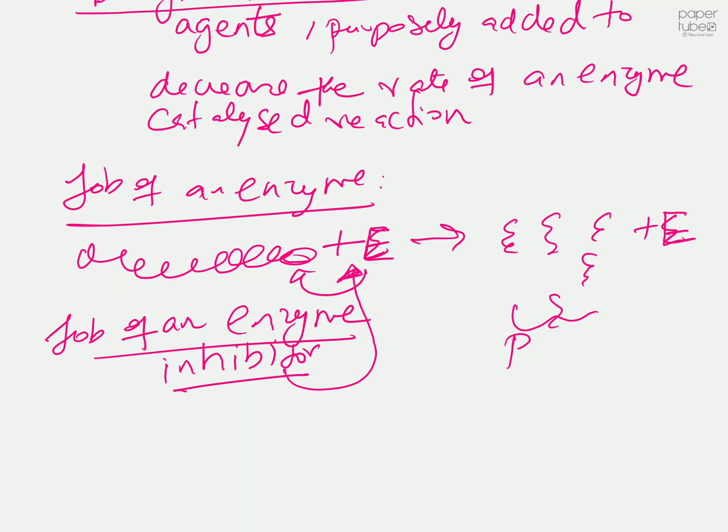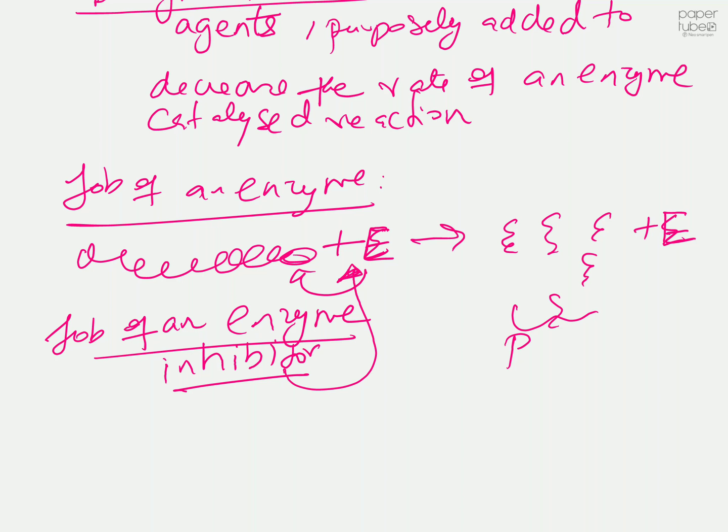So whatever job is performed by the enzyme, if the enzyme is producing say 10,000 molecules of product per unit time, if you add an inhibitor, it will decrease the speed so that the enzyme will start to produce maybe 10 molecules per unit time. So it's going to decrease the rate of the reaction or decrease the initial velocity.